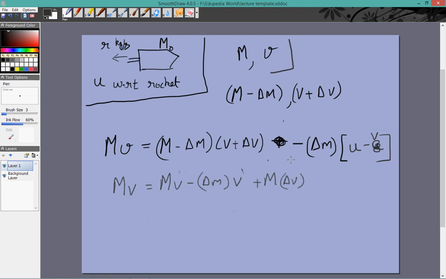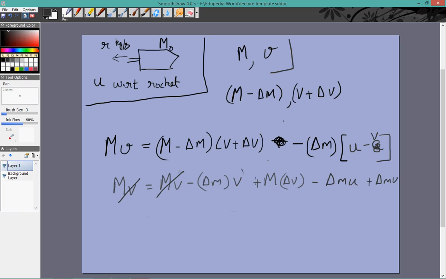Delta m might be 0.001% of M and delta v might be 0.001% of v, even smaller than that actually. So if we multiply them, we'll get a very small quantity and we'll ignore that. So minus delta m u plus delta m v.